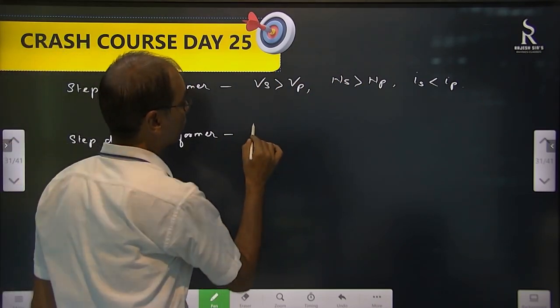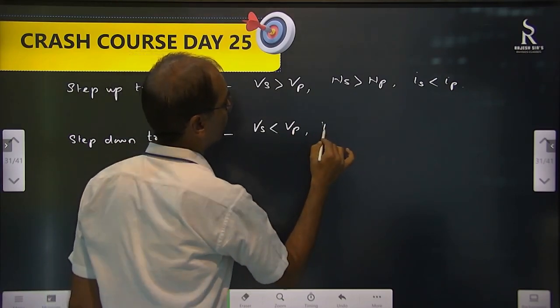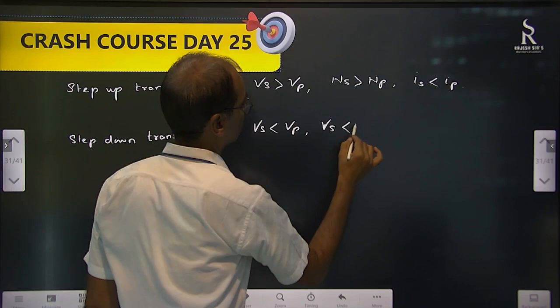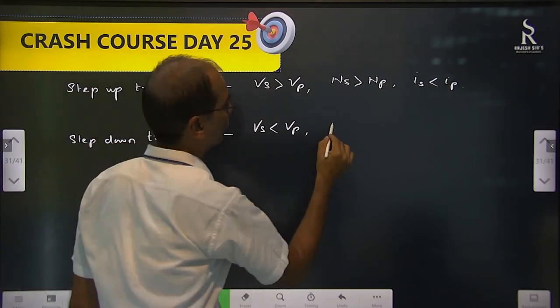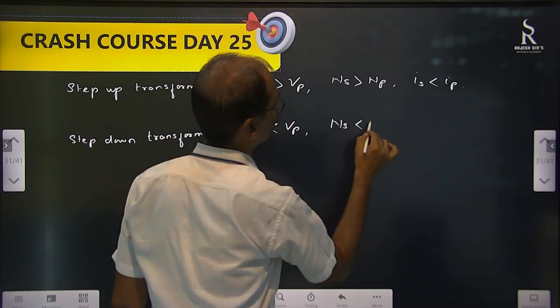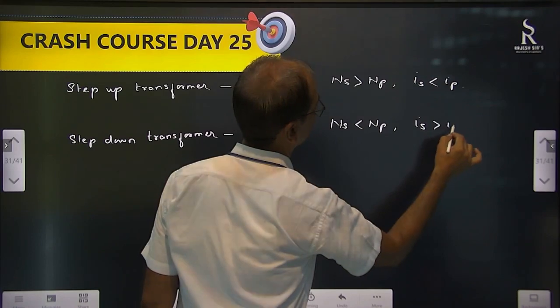Step down means Vs is less than Vp, Ns is less than Np, but Is is greater than Ip.